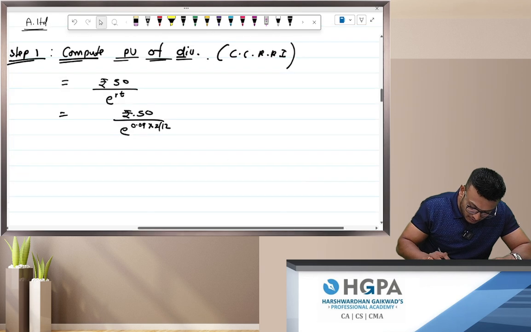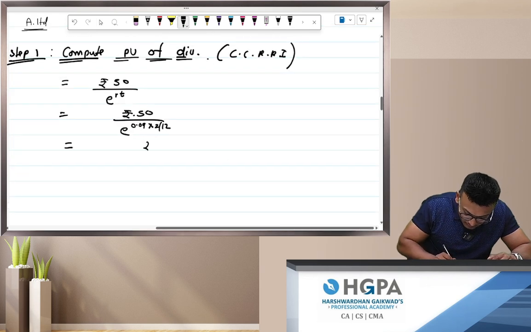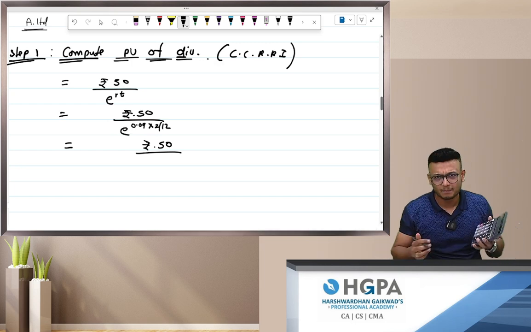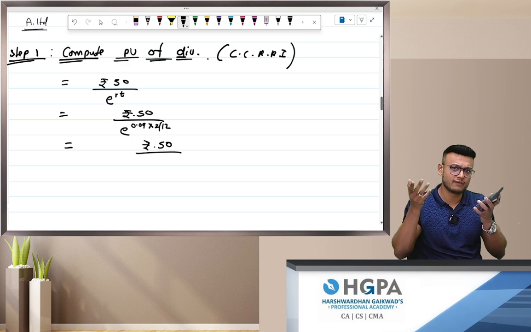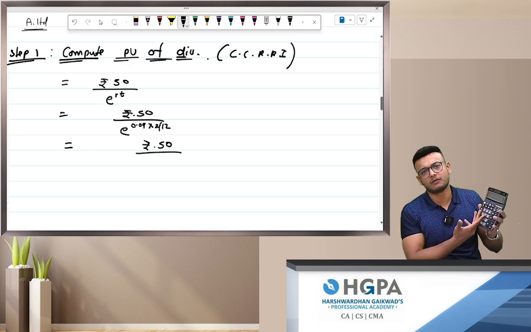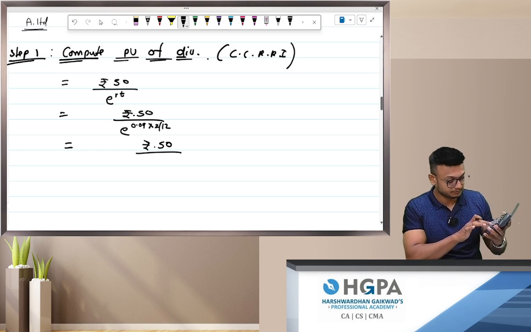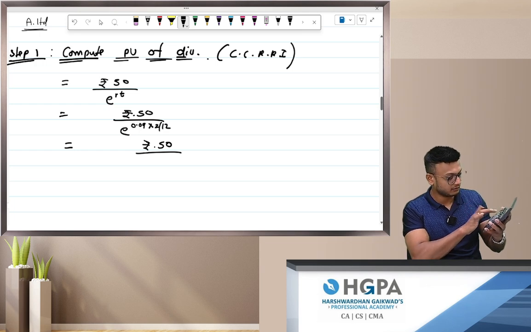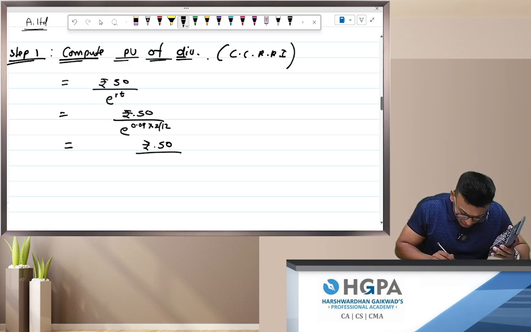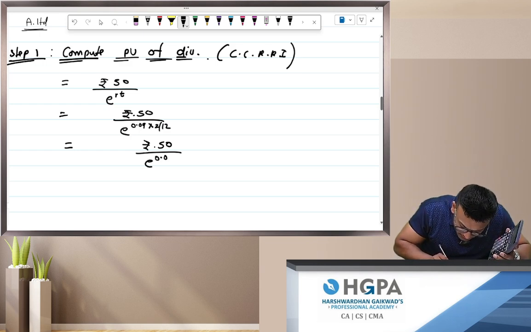Now you tell me how much is the value? 50 upon E raised to that. If the months are given, very good. If not, no bother. 0.09 into 2 divided by 12 is 0.015.